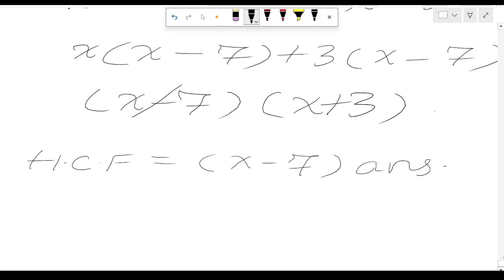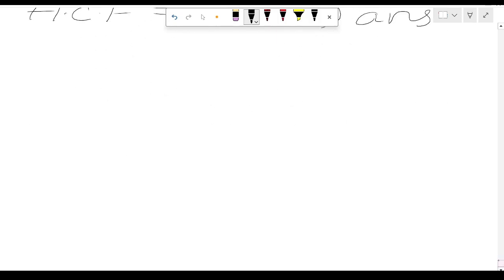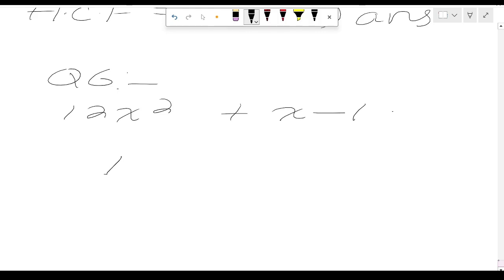Now let's move on to question number 6. Question number 6 states that we have 12x square plus x minus 1. This is also a quadratic expression. The coefficient of x square here is 12, and here we have negative 1.